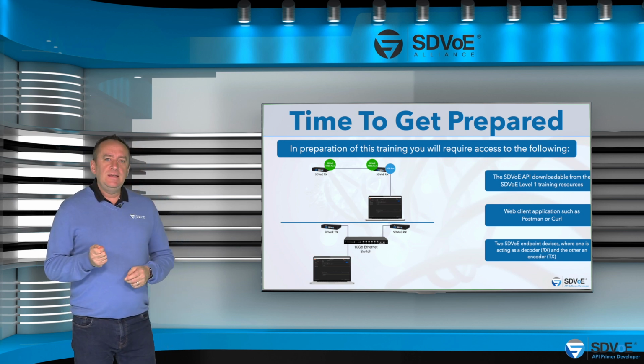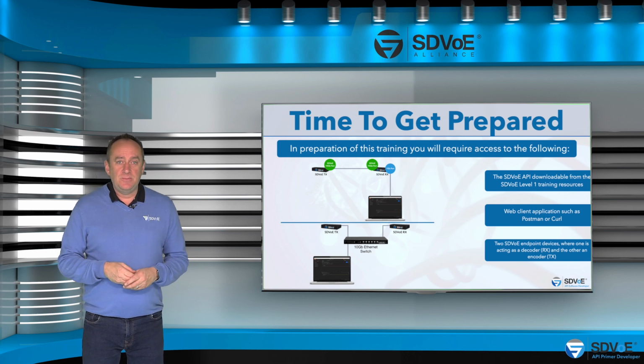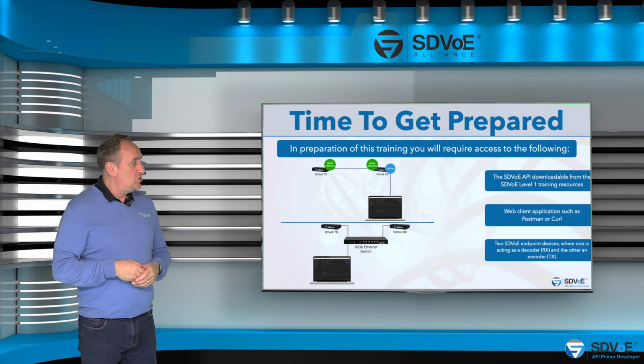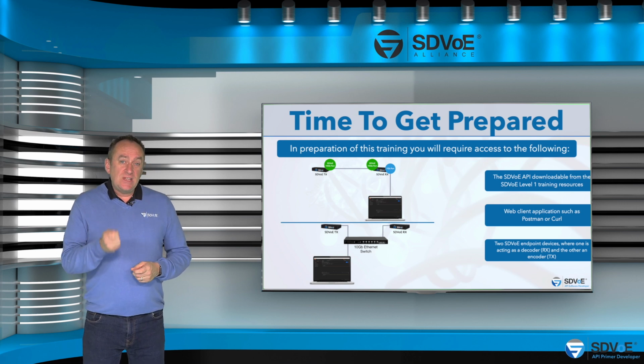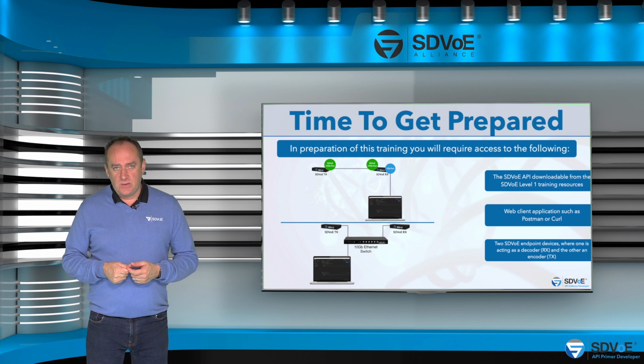Now bear in mind that these endpoints can be set up in either a point-to-point topology or a switch environment. If you choose the latter, you will need to use a 10 gigabit Ethernet switch.